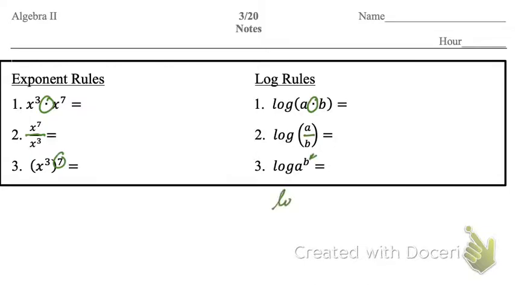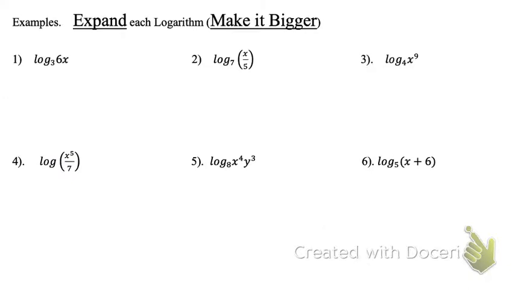So we don't have anything that says log of a minus b equals something, and we also don't have one that says a plus b. So we don't have a rule if we're adding or subtracting inside of our logarithm, which is what we're doing here on number 6. We are adding x plus 6. We're not multiplying x plus 6. We're not dividing x and 6. We're adding them. We don't have a rule for that, so it stays like it is.